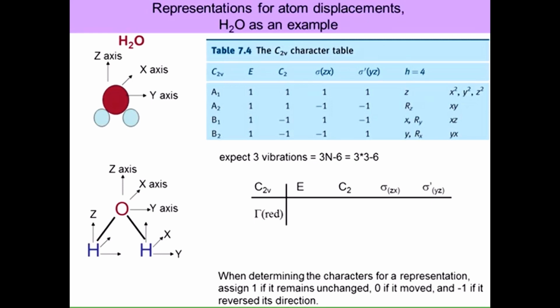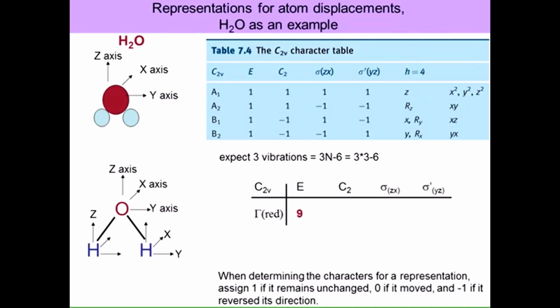So the total number of axes which are going to be unchanged will be 9, right? For oxygen 1, 2, 3. For this hydrogen 4, 5, 6. For this hydrogen 7, 8, 9. So the reducible representation, if you write with respect to E, will be 9. Fine.